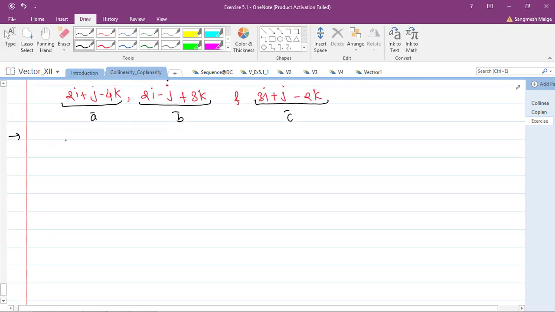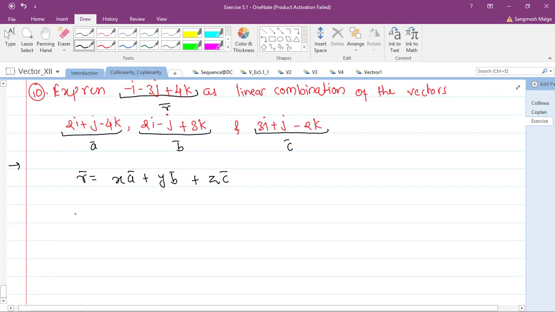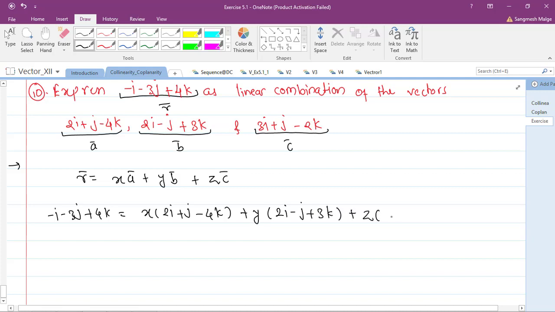So what they want is r bar equal to x a bar plus y b bar plus z c bar for some values of x, y and z. Let's substitute. r is minus i minus 3j plus 4k, equal to x into 2i plus j minus 4k, plus y into 2i minus j plus 3k, plus z into 3i plus j minus 2k.